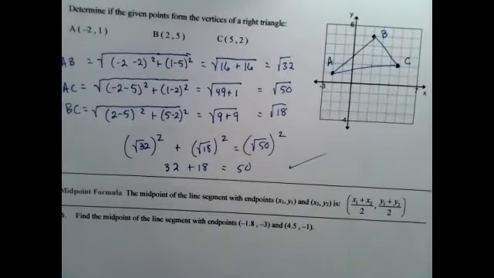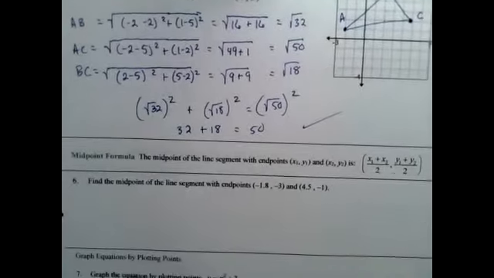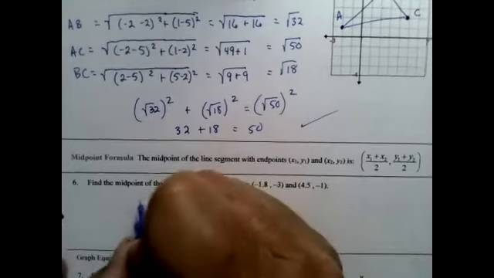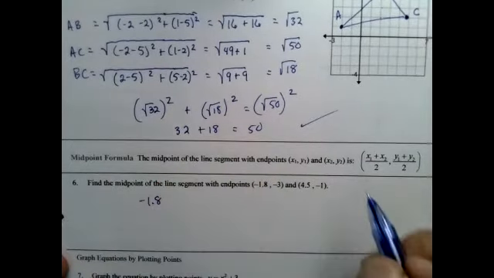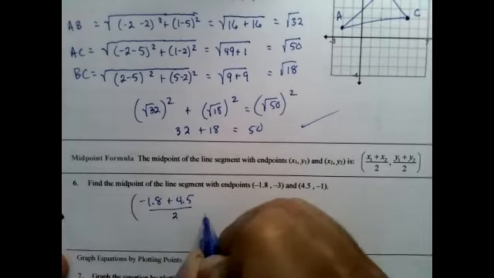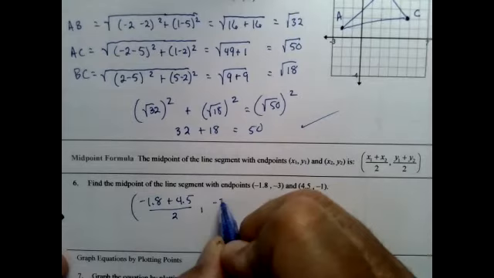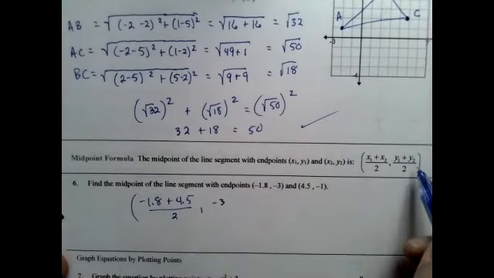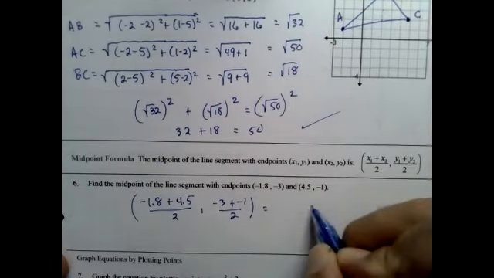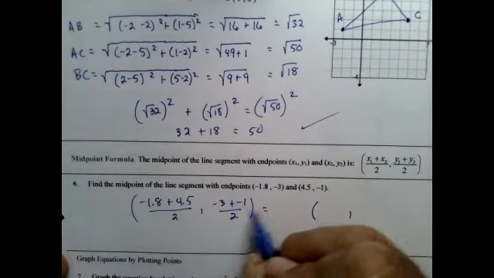Oh, they want us to find the midpoint. Find the midpoint, average. So we need to find the midpoint, average between these 2 points. And when you find the average, you add 2 numbers together and divide by 2. -1.8 plus 4.5 divided by 2, comma, -3 plus -1 divided by 2 equals the ordered pair. I'll do this one.